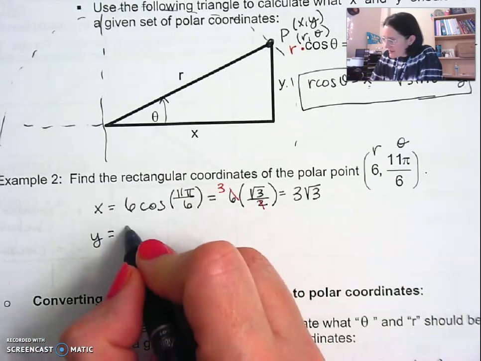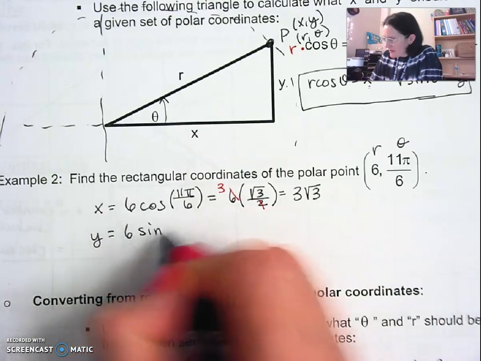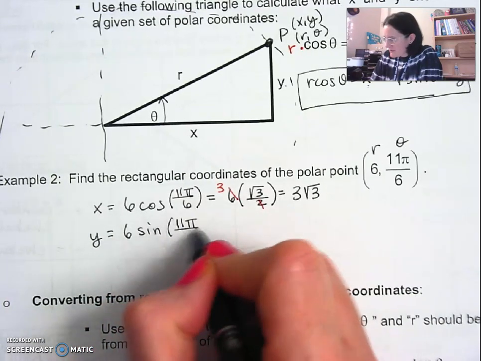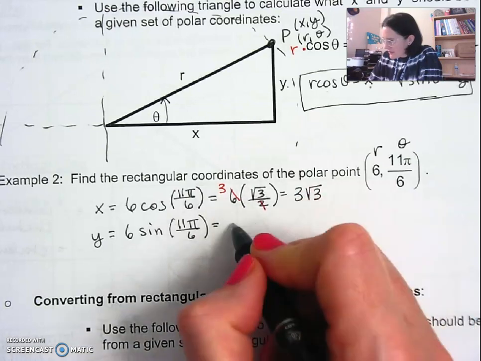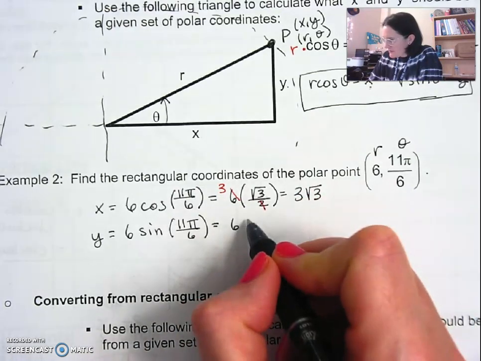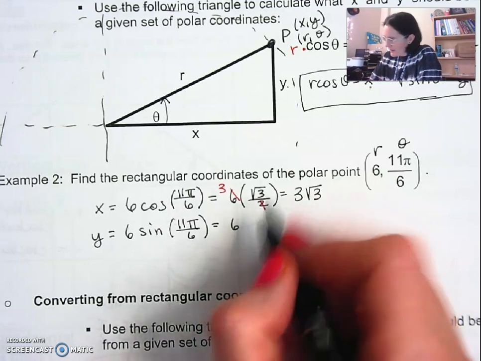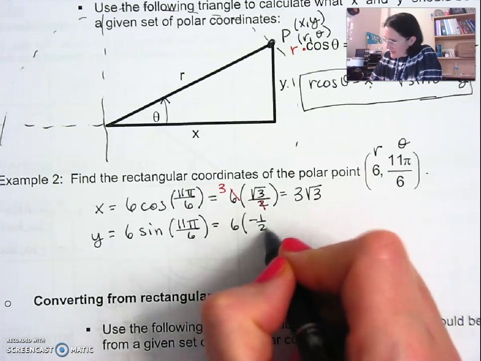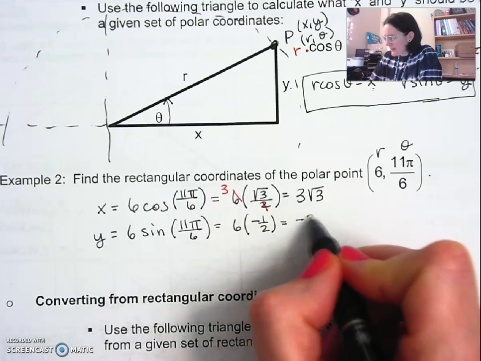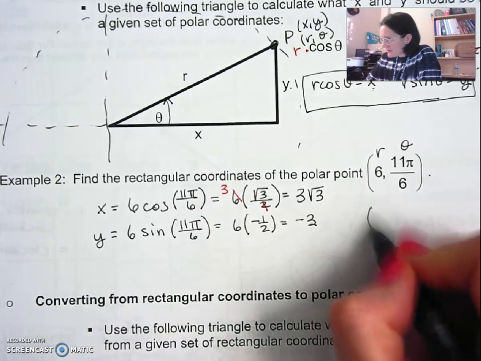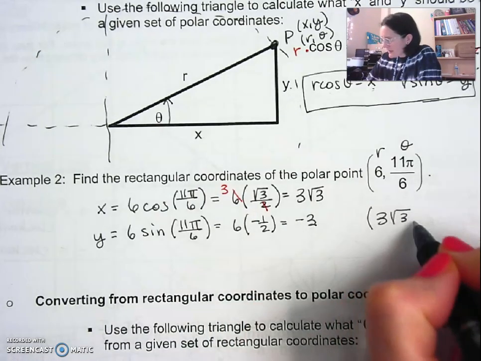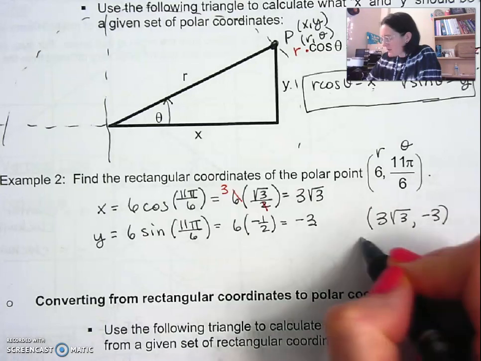So y is 6 times the sine of 11 pi over 6. So pause your video and go figure out the sine of 11 pi over 6. And that is going to give you negative 1/2. Multiplying that is negative 3. So my final answer is my x coordinate that I calculated and my y coordinate.